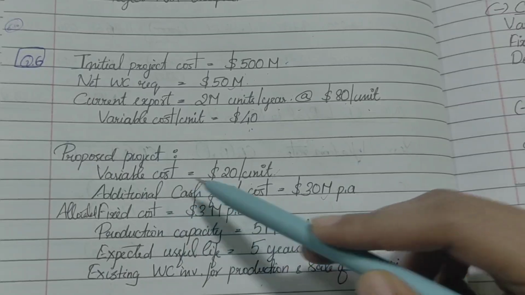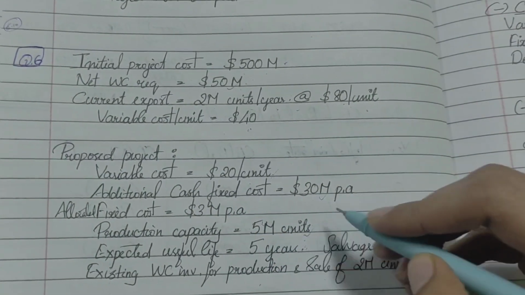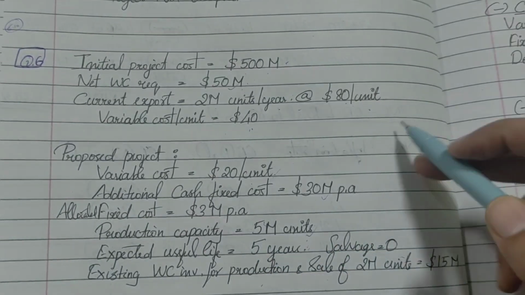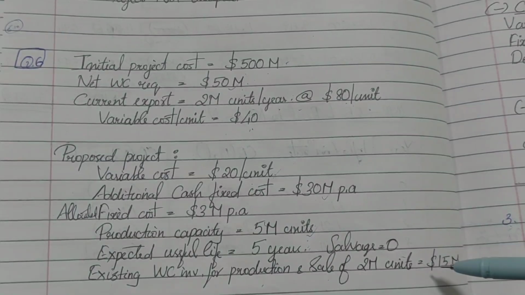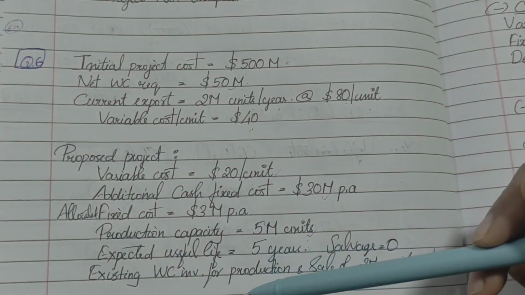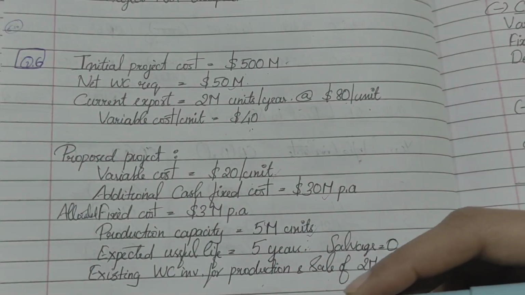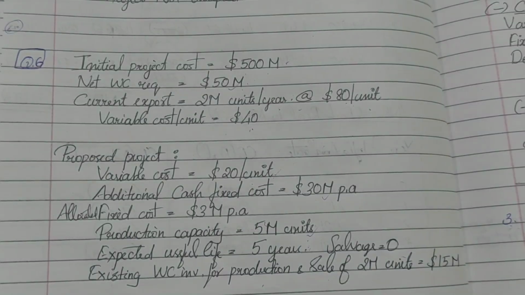Then allocated fixed cost is 3 million per annum. Production capacity is 5 million units. Expected useful life is 5 years. Salvage value is 0. Existing working capital for production and sale of 2 million units is $15 million. Then export will decrease to 1.5 million units. Then income tax rate is 35% and required rate of return is 12%.